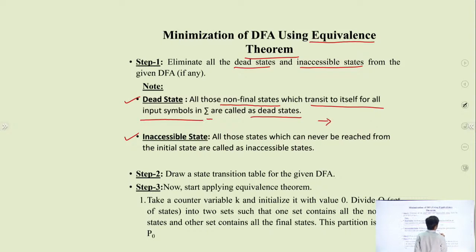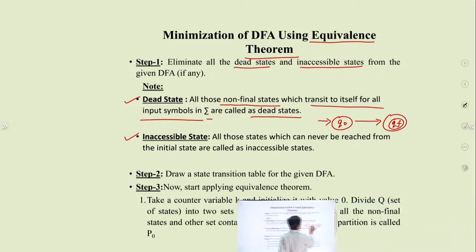there is one state Q0, and there is one final state QF. We denote the final state by two concentric circles.